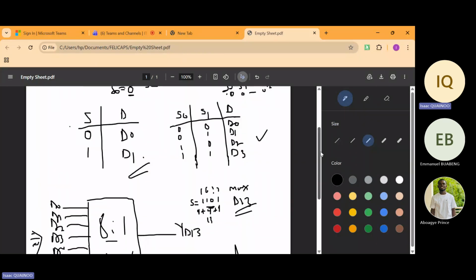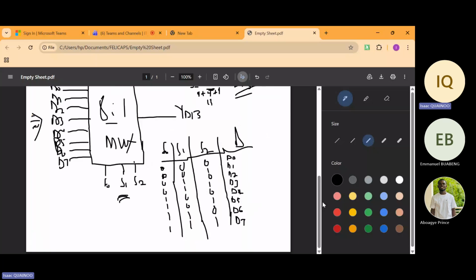Okay. So the next time, I hope we can meet tomorrow. If we meet tomorrow, we are going to look at how to draw the logic diagrams for your selectors, okay? For your multiplexers, I mean. And after that, we are going to look at encoders and decoders also.